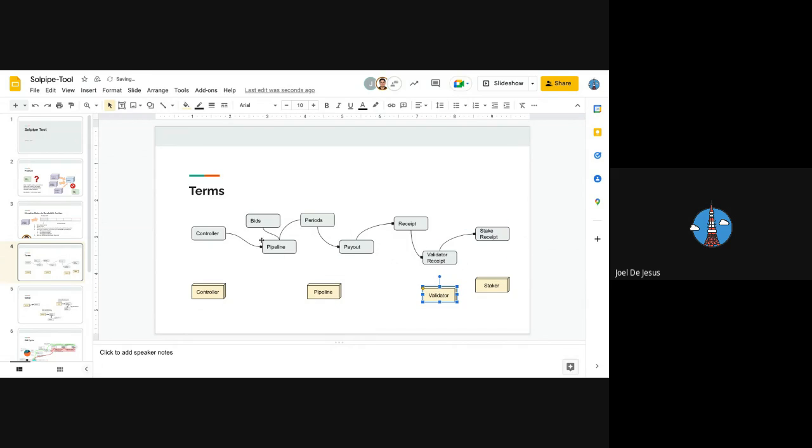So I have to introduce a new concept. That's a pipeline. Basically, the pipeline is a proxy in our case.